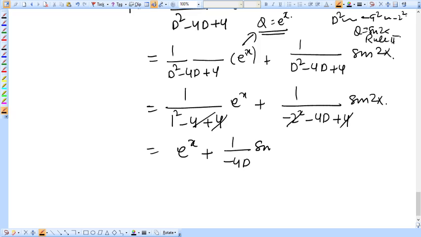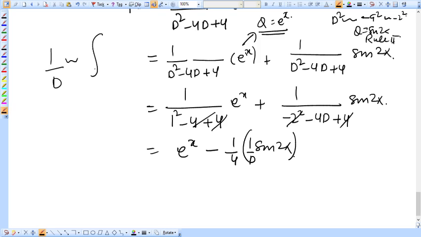So if I take it out, I can write it as minus 1 over 4 and 1 by d sine 2x. We did initially that the inverse operator of d, or 1 by d, is nothing but integration. So instead of this I can write integration of sine 2x with respect to x.